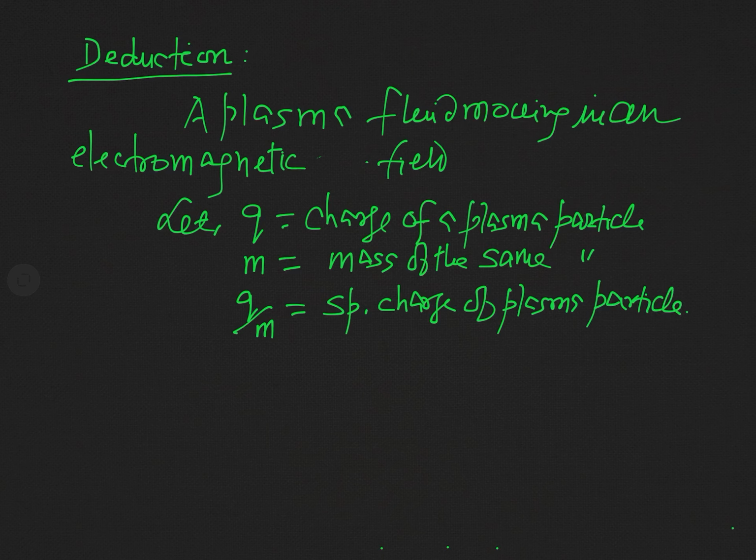For convenience, we assume that all particles of plasma have the same specific charge, that is q over m. It means the specific charge of the plasma particles is equal, and that is equal to q by m. Although they will move with different velocities, the specific charge of all particles is the same.